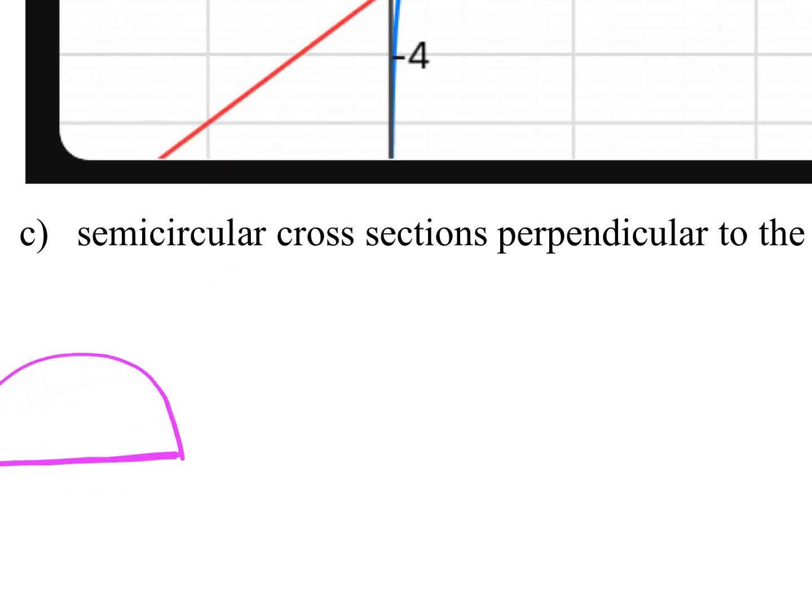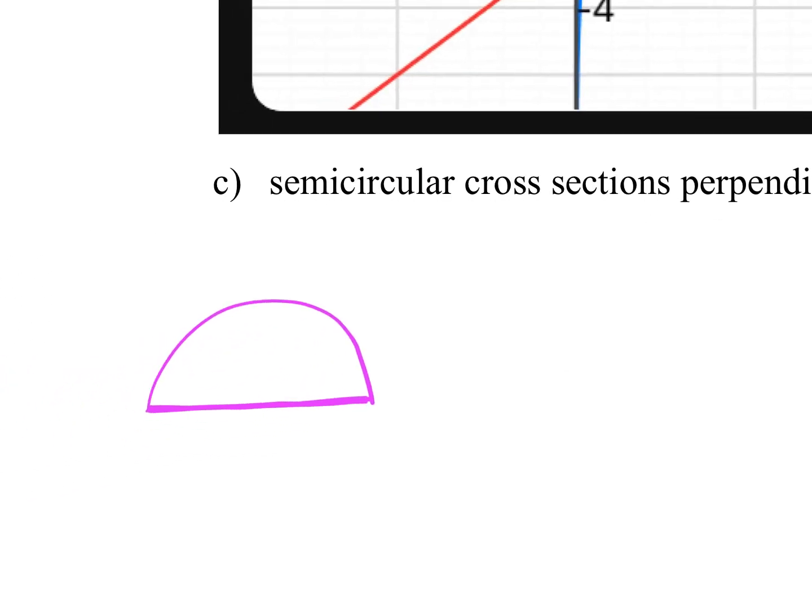So I'm going to have (y plus 3) divided by 2, and then I'm going to subtract e to the y. That's the distance of that semicircle. But if I'm talking about a semicircle area, I actually care about the radius. So the radius is 1/2 of this whole thing.